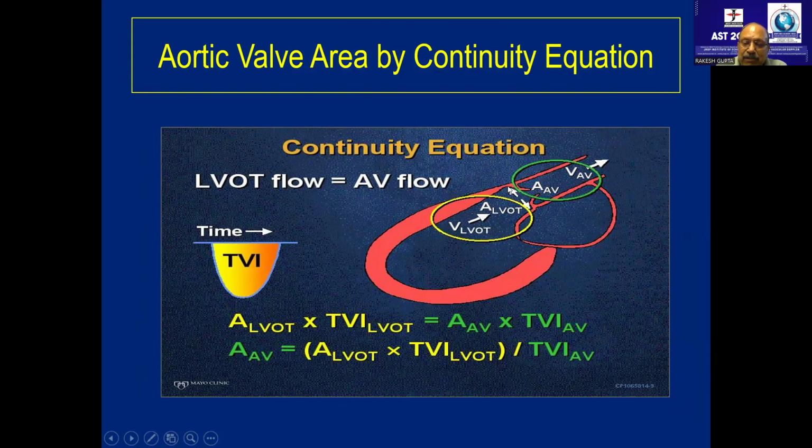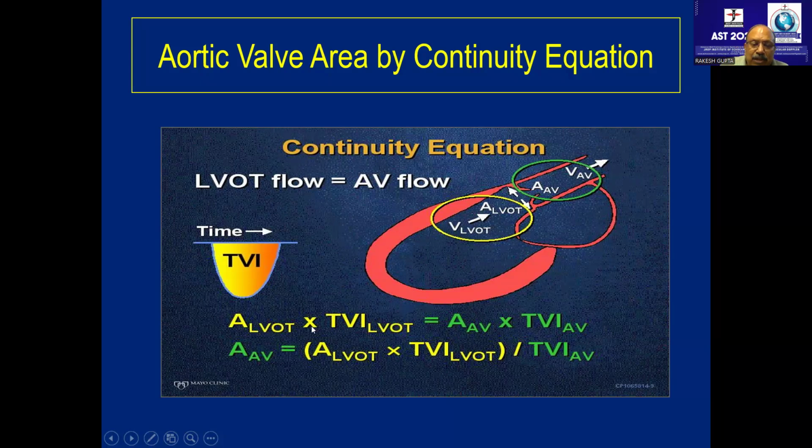Here LVOT has got a VTI and LVOT area. We can calculate LVOT area over here by LVOT diameter. And we can calculate LVOT VTI by 3 or 5 chamber view. So whatever the blood is flowing through LVOT, this has to flow through aortic valve as well.